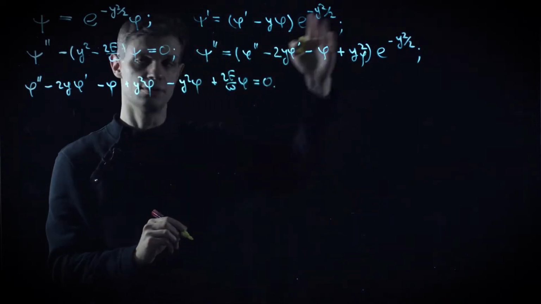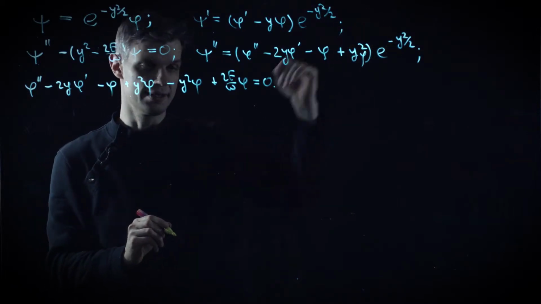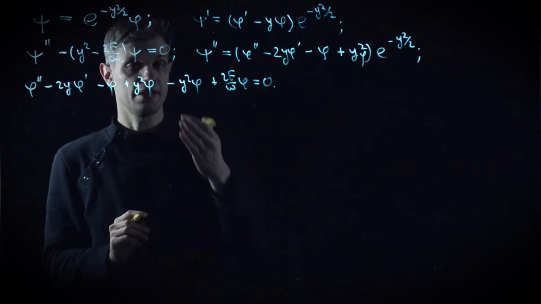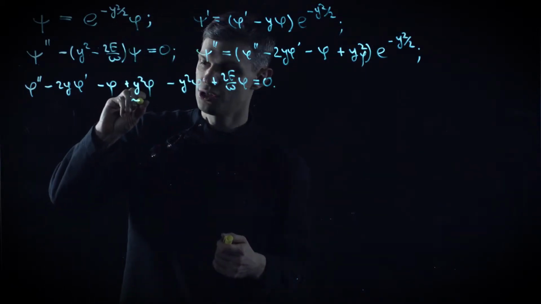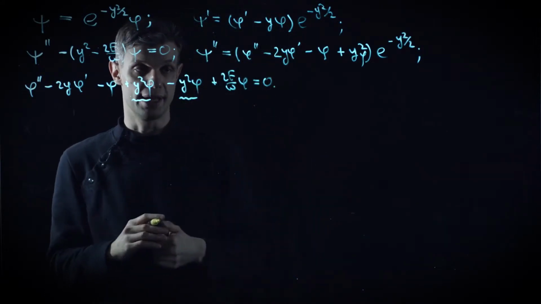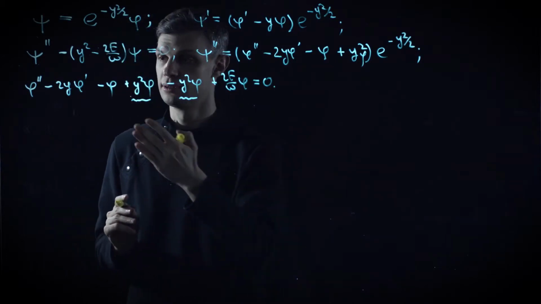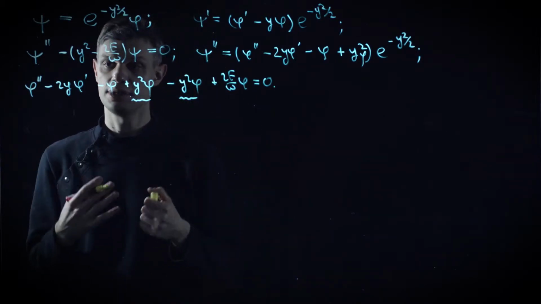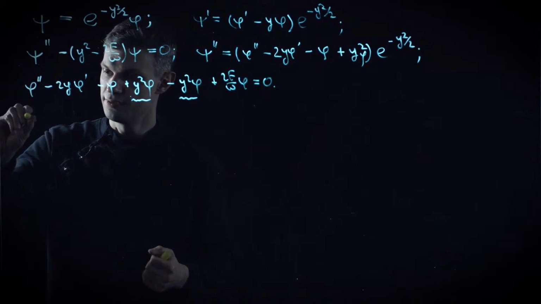And of course, I cancelled both parts of this equation by this exponential term. And we see that the thing that we were hoping actually happened. This quadratic term cancelled. And finally, we have the equation with linear coefficients, which looks as follows.